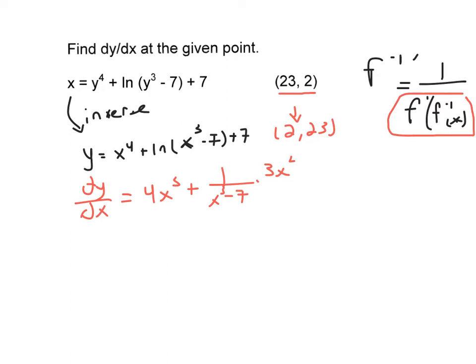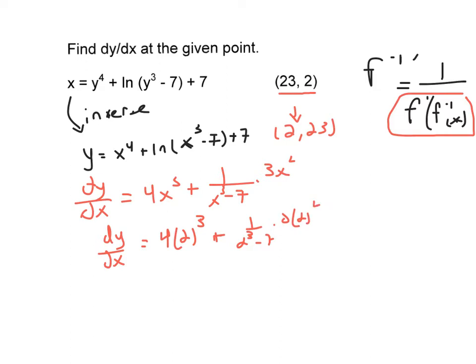So I end up with, well, really, I don't have any y's. So my derivative ends up being 4 times 2 cubed. There were no y's for me to plug into, but if there were, I would also plug that in here. That's a 3 times 2 squared, okay?